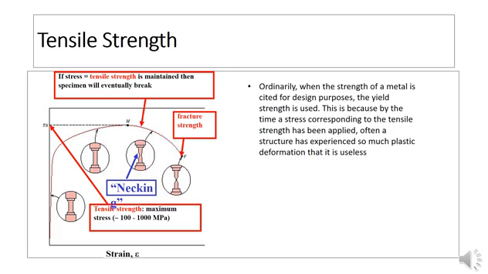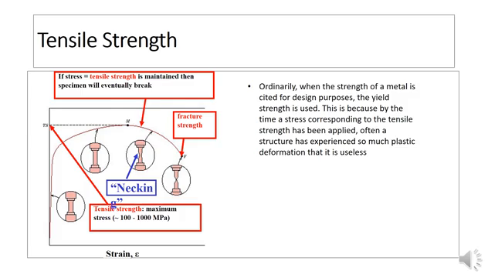Tensile strength is another property that is usually quoted, and this happens at a point on our curve where the material finally fractures. But normally the property that is used for design purposes is the yield strength. We can't use the tensile strength because by the time this is reached, our material will have been deformed over and over.